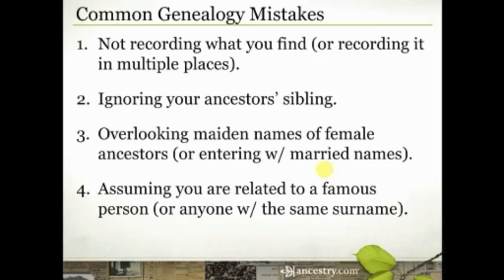When people say they're related to someone famous because they have the same last name, and that famous person isn't even using their real name, they have a stage name. Again, just be careful about how you say you're related to famous people. A lot of times people want to trace down from that famous person to themselves to find that connection.